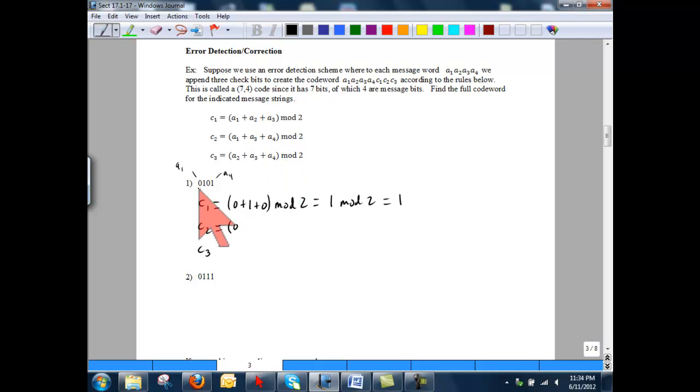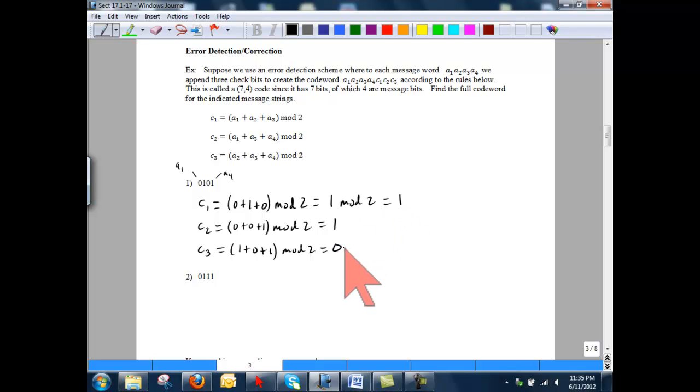So first is 0, third is 0, and fourth is a 1. Mod 2. And that also turns out to be a 1. C3, take the second, third, and fourth message bits and add them together. So that's a 1 plus 0 plus 1 mod 2. And that is 2 mod 2, which is 0.